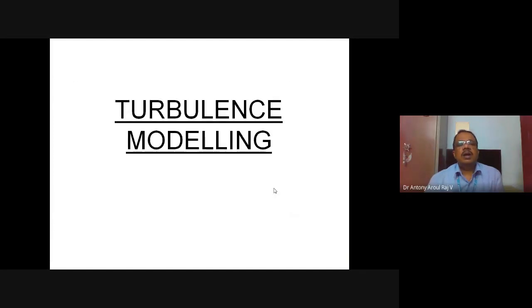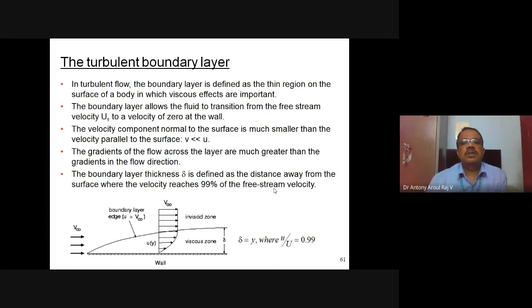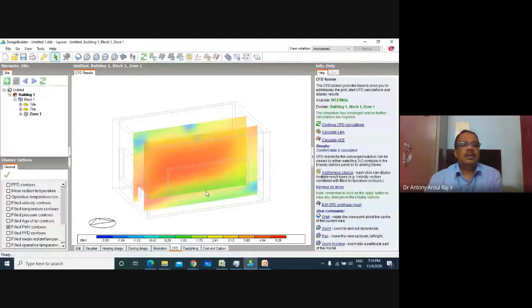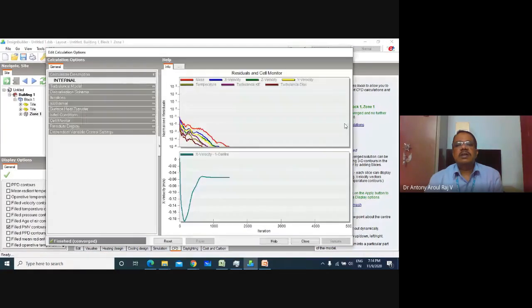Okay, so now we have discussed the modeling, that is the CFD modeling. That was our ultimate intention. And in this solving, there were two things which we have not done. That is the turbulence model.